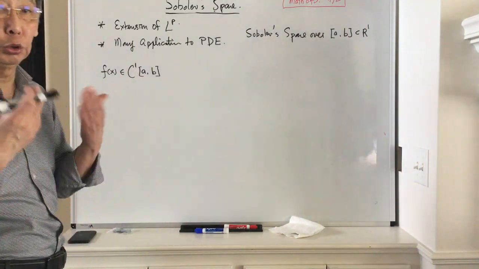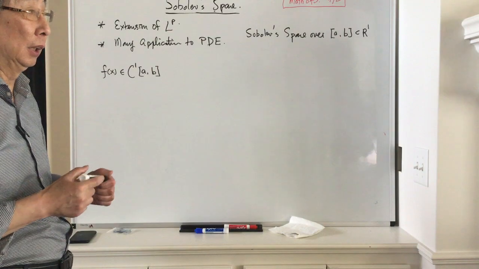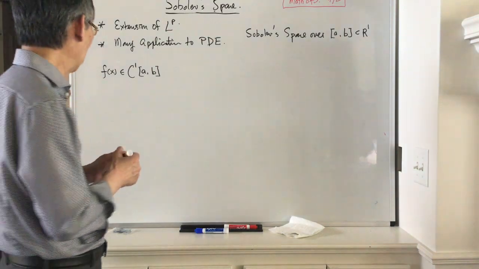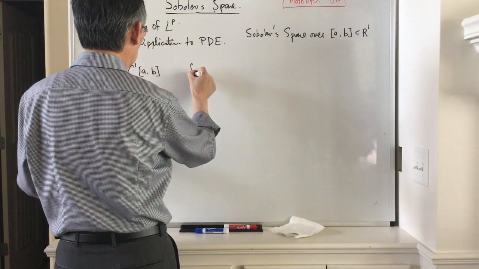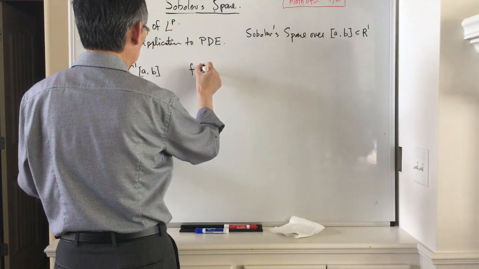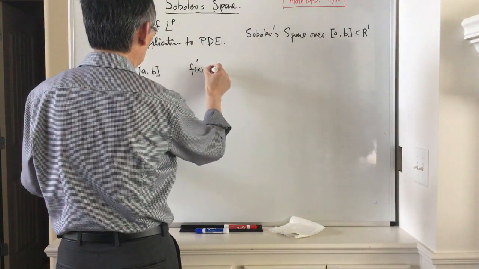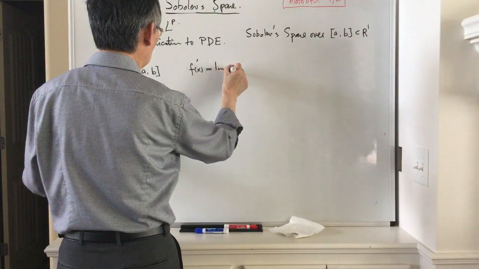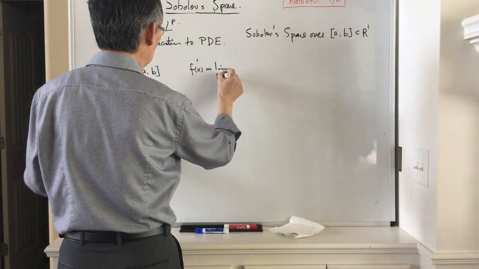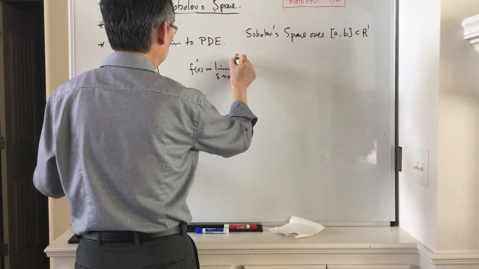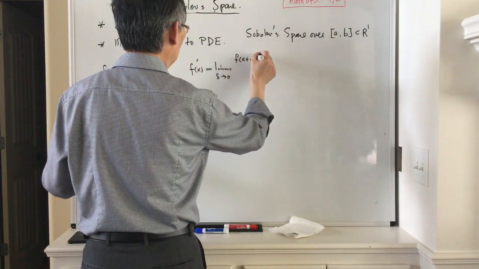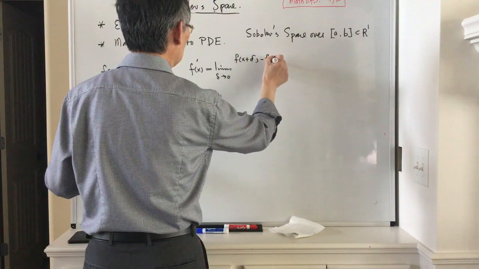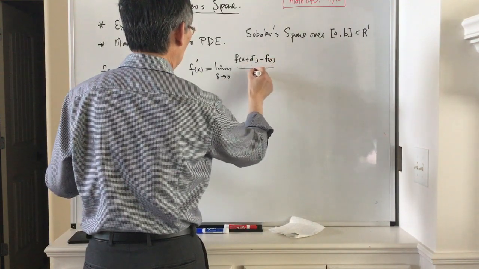Okay. So how do we define such a function in C1? So there's a traditional method, which is actually the pointwise definition. So you can think about it this way. The derivative f'(x), using the traditional definition, is the limit as delta goes to 0 of (f(x plus delta) minus f(x)) over delta.